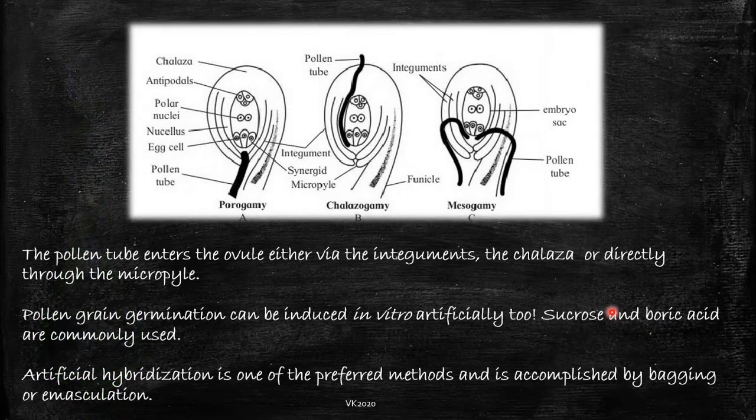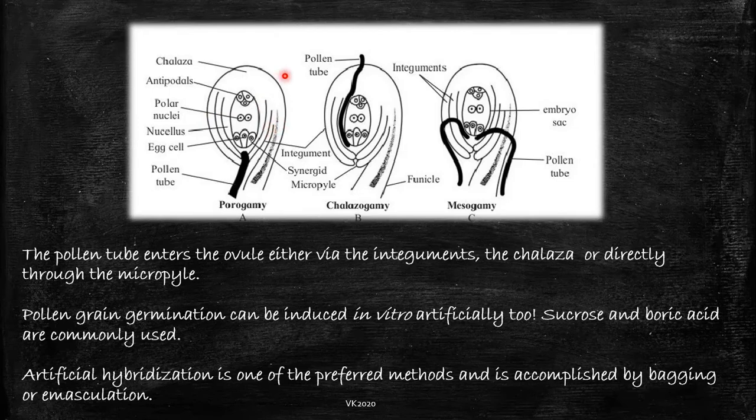Okay, now let's talk about how the pollen tube enters into the ovule. A pollen tube can enter either from the chalazal region, from the micropylar region, or from the integuments.